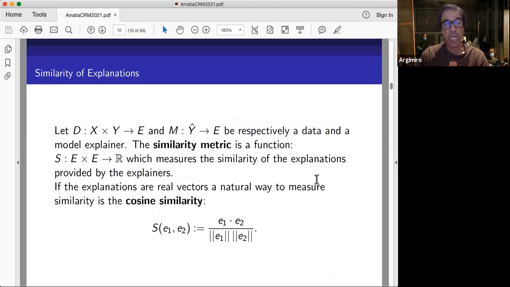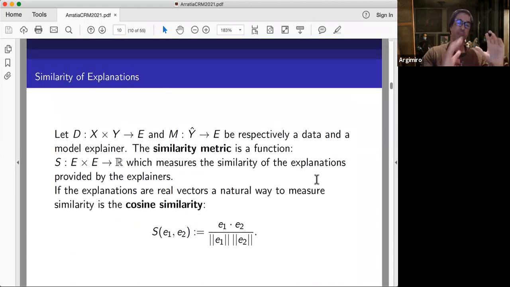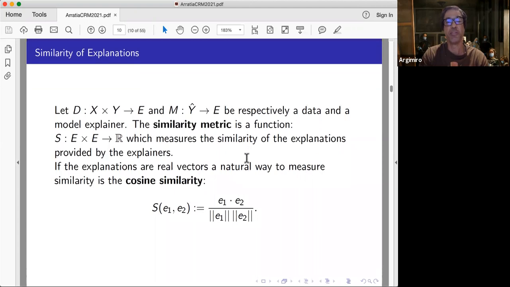Okay, so we have my data explainer and we have my model explainer, right? And now how are we going to measure similarity? A very useful and regular similarity metric is just the cosine similarity.